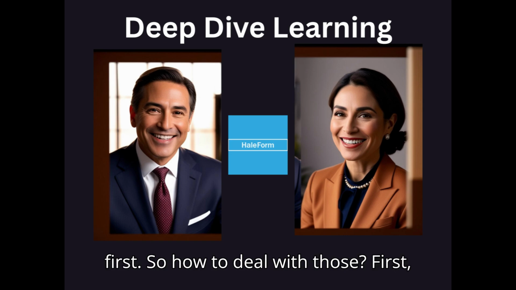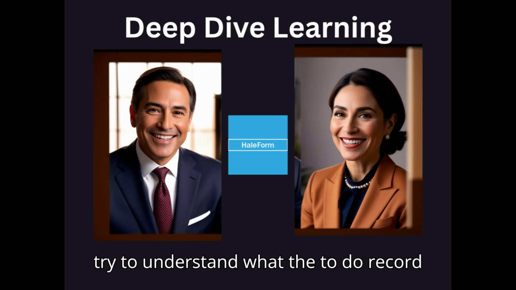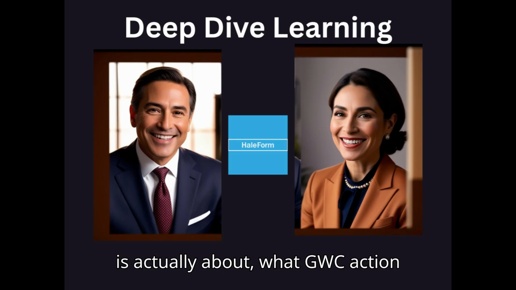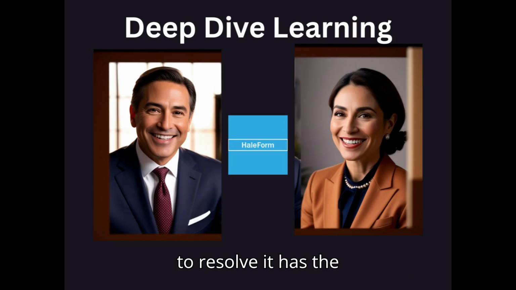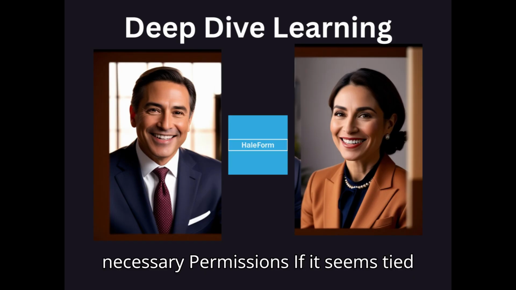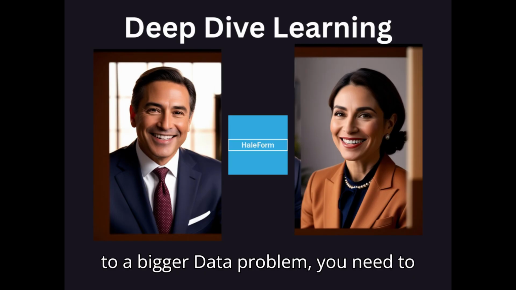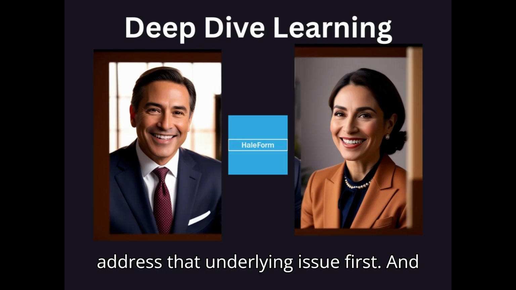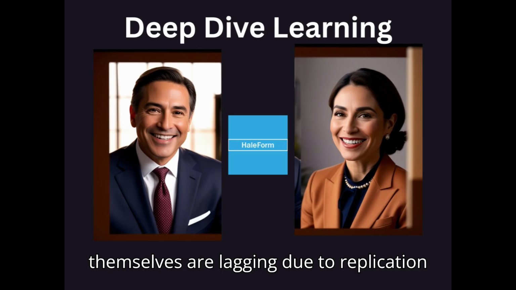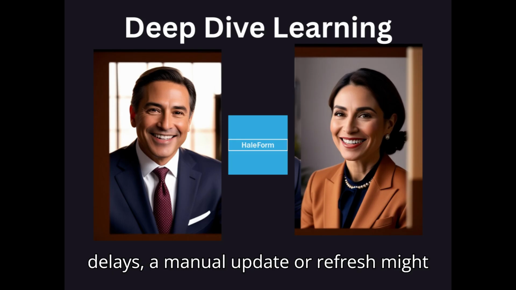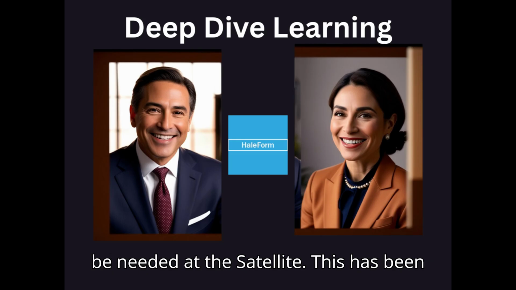So how to deal with those? First, try to understand what the to-do record is actually about, what GWC action triggered it. Then, ensure the user trying to resolve it has the necessary permissions. If it seems tied to a bigger data problem, you need to address that underlying issue first. And sometimes, if the to-do list views themselves are lagging due to replication delays, a manual update or refresh might be needed at the satellite.